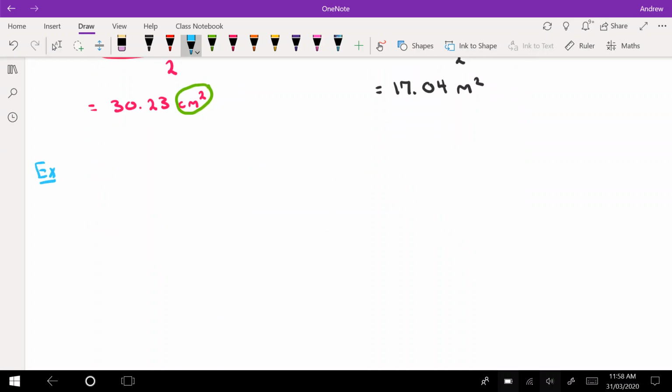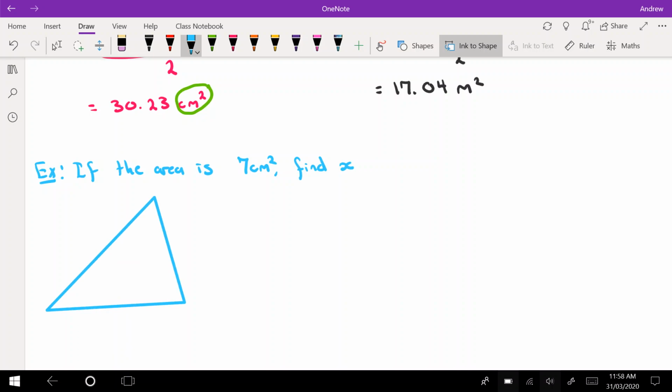Another example. If the area is 7 centimeters squared, find x. Okay, so we want to know the value of x if the area of the triangle is 7 centimeters squared.